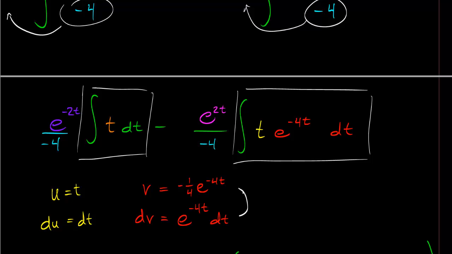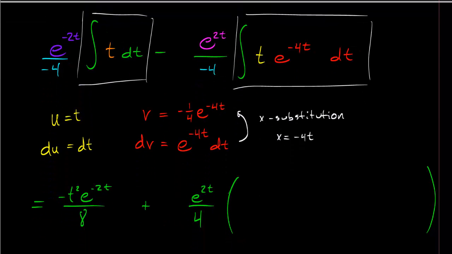And once again, to get from here to here, we'd use maybe an x substitution. In fact, we'd use x equal to negative 4t.